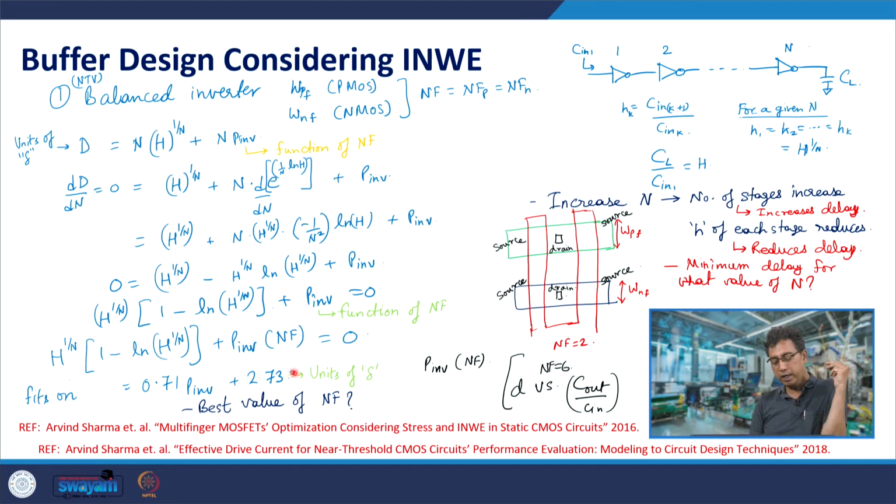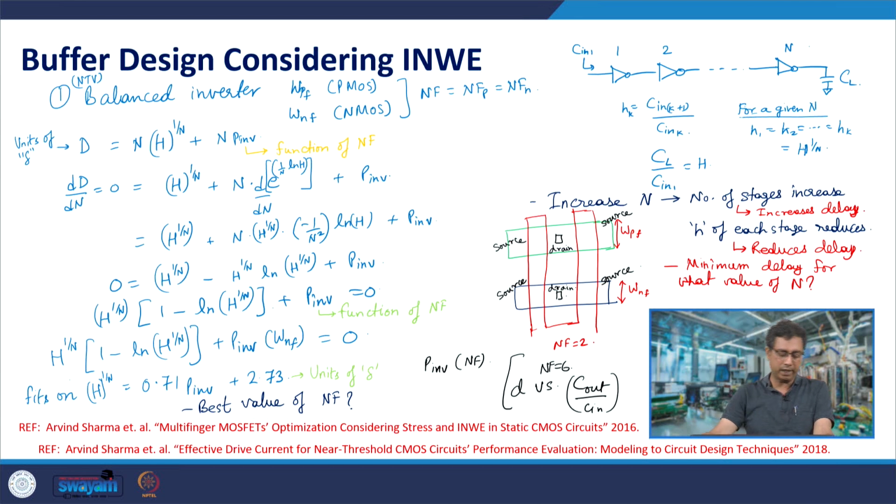Okay. That is for a given, in fact, I would say for a given WPF and WF. So, it is found that this expression actually fits on a simple linear expression when the range of interest of P inverter is seen. So, the range of P inverter is around 1, say it cannot be smaller than 0.5 ever. So, it is 0.5 to say 1.5 or 2 like that.